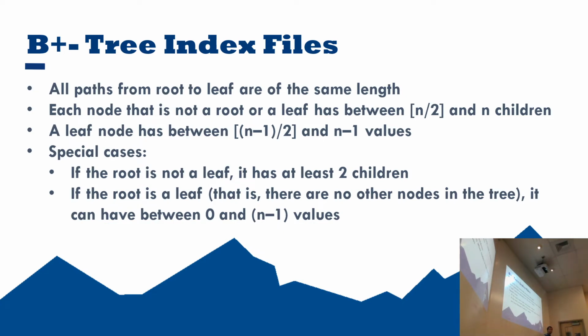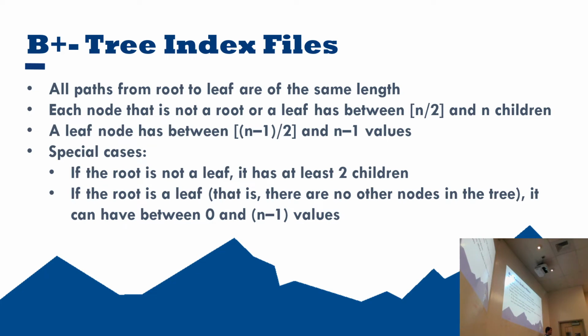So, all of your paths, all the way from the root to the leaf, are going to be the exact same length. That's a beneficial concept, because that means it's automatically sorting everything. That's what that's saying. Each node, other than your roots or leaves, has between n over 2 and n children.